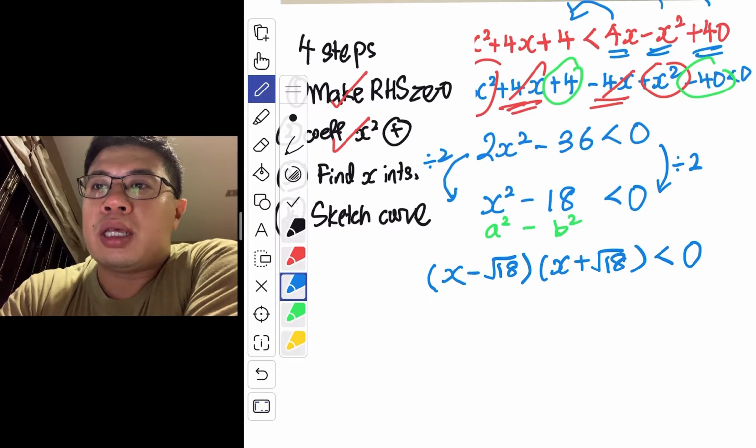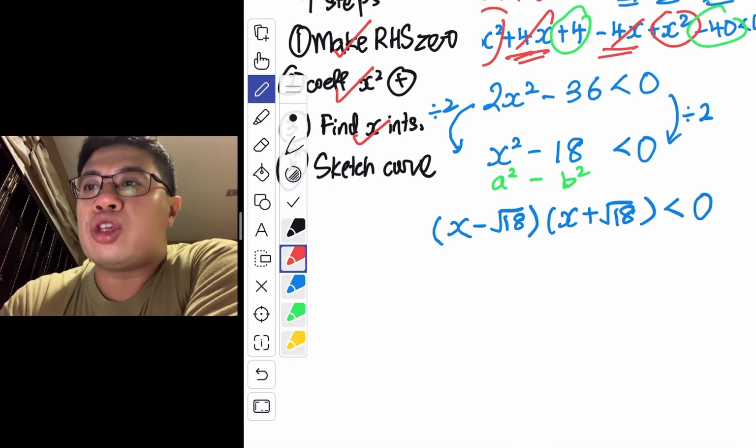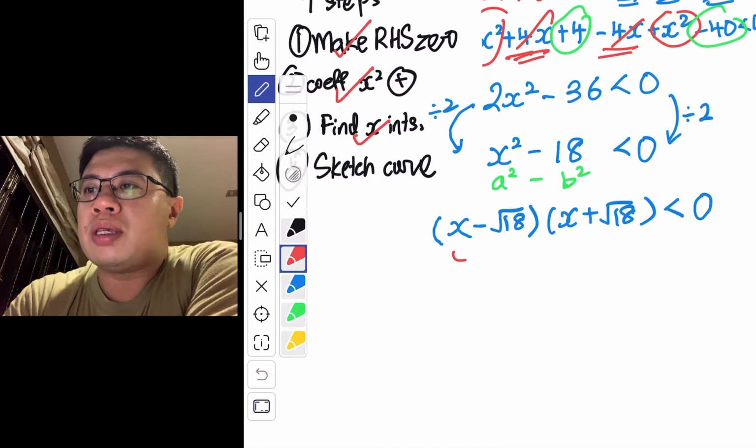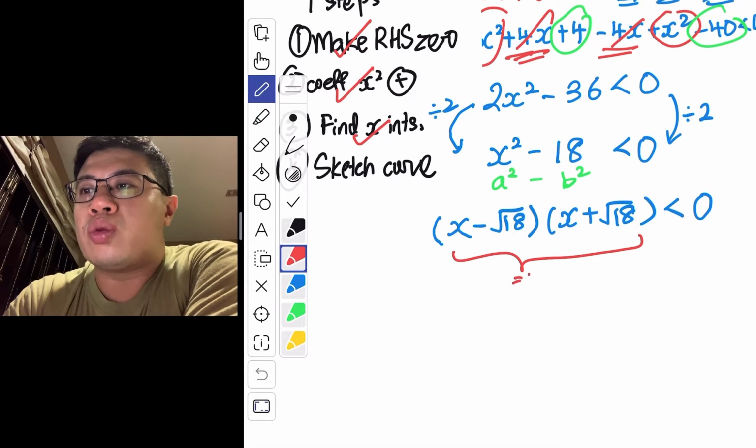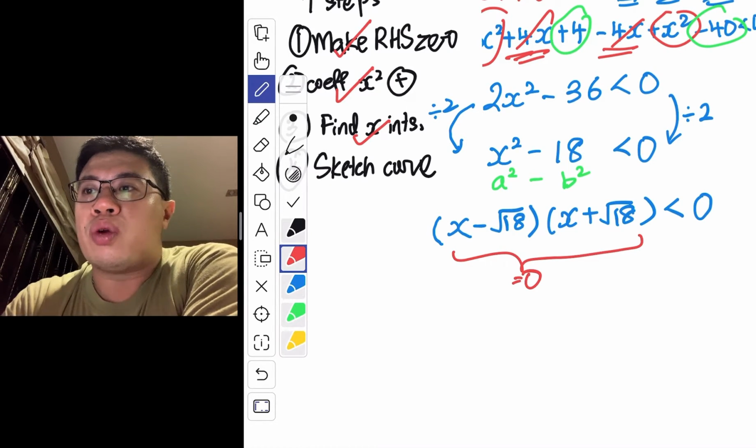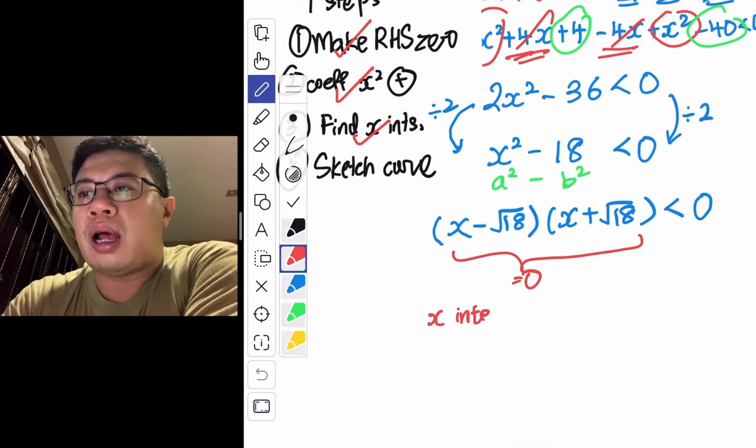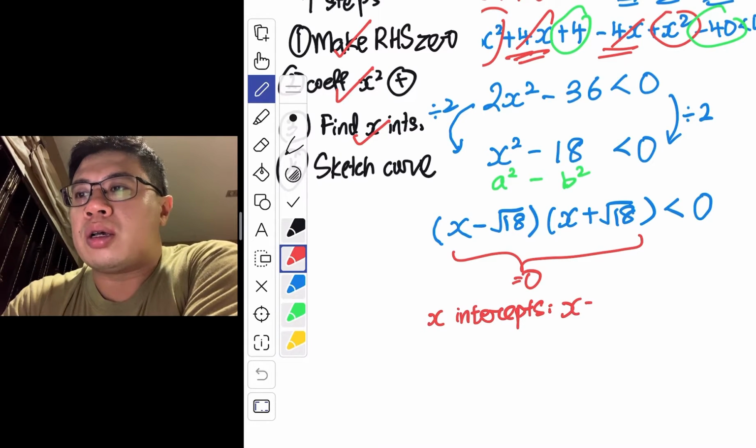So these are our x-intercepts. If you imagine we were to sketch the graph, or you try to equate it to 0, imagine this is an equation, you will see that your x-intercepts are none other than x equals square root 18 and x equals negative square root 18.